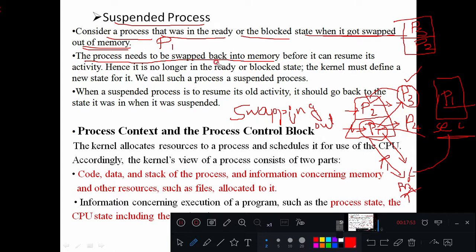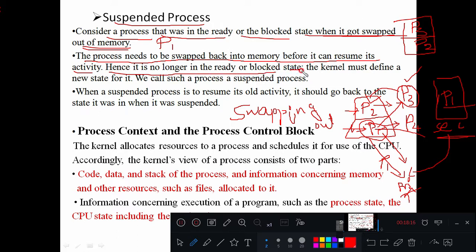The process needs to be swapped back into memory before it can resume its activity. To execute process P1, it must be brought back into memory, so again the operating system has to perform a swap in operation. Hence it is no longer in a ready or blocked state.